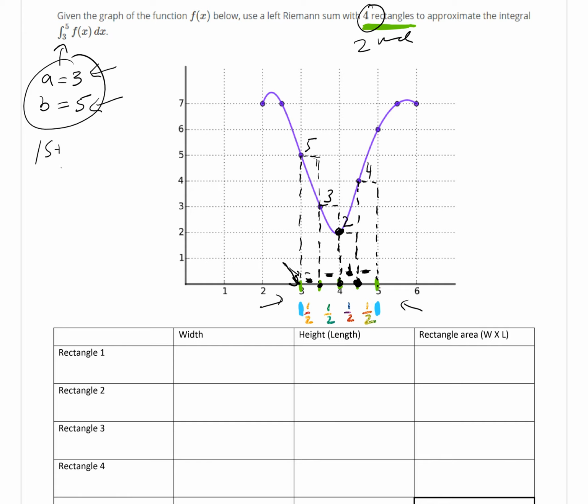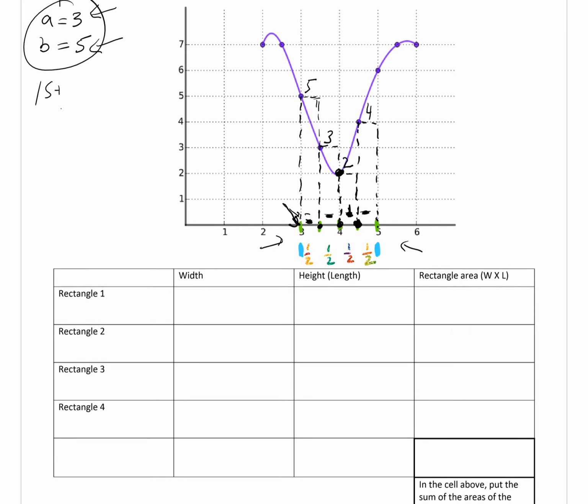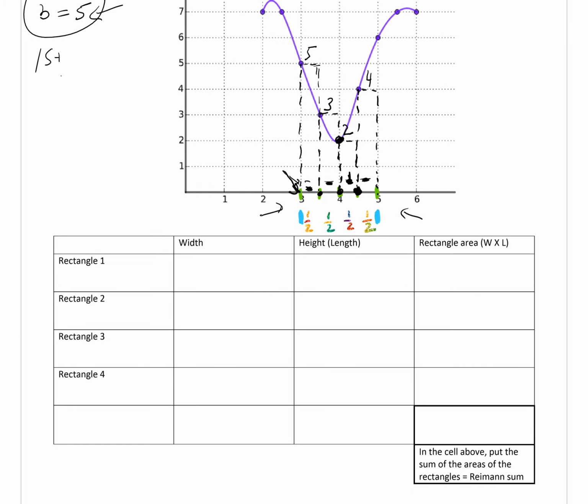Alrighty, now, what about this table right here, this chart? The chart's kind of the easy part. If you see how those rectangles are built, so to speak, we fill in the blanks now. For rectangle 1, the width is 1/2. Talking about R1 right here, and then I'll just go R2, second one, R3, and R4.